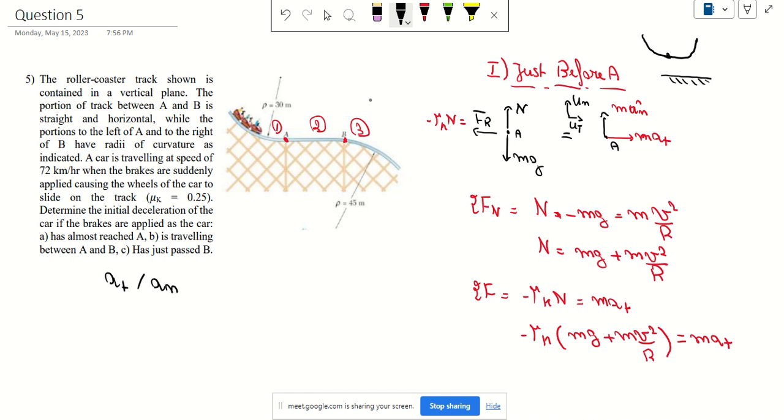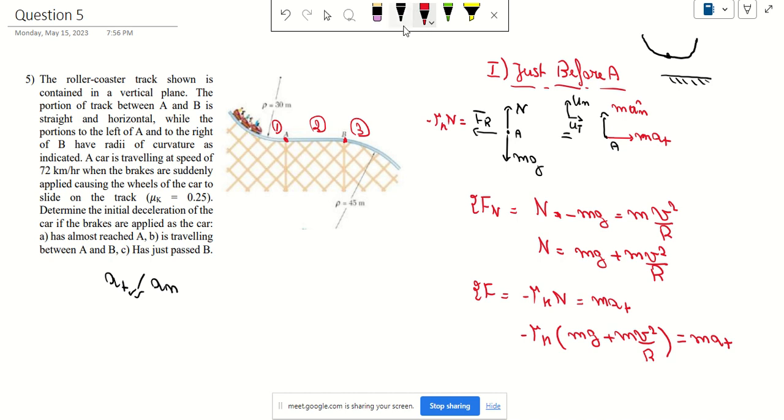Again, we have two components. The first one is at, which is responsible for the change of speed, and an is responsible for the change of direction. So he's just asking about the initial deceleration, how fast the car will slow. So it's only asking about at.